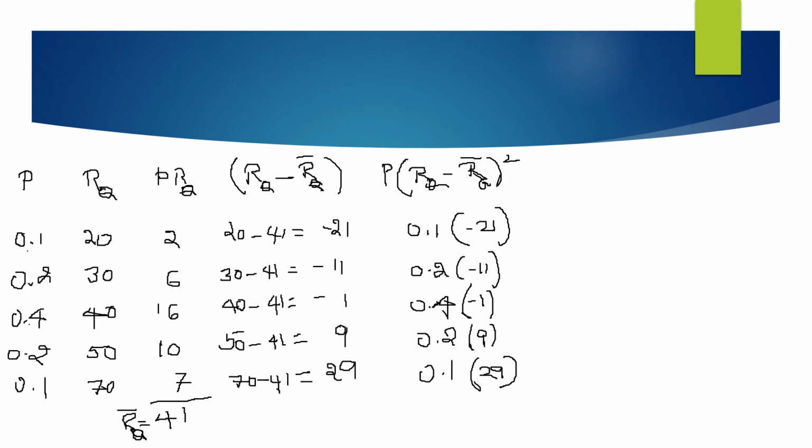Sorry, here you have to write the square, no? Yes. Here write the values. This is square. 0.1 into minus 21 the whole square, 0.4 into minus 1 the whole square, 0.1 into 29 the whole square.